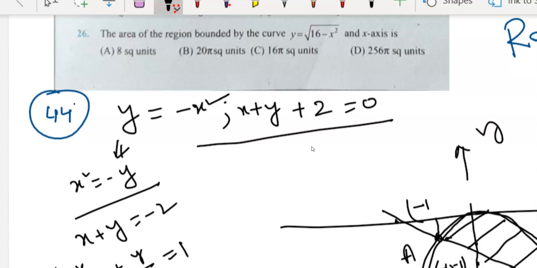And there it will be minus 1 to 3 of y dx, that is 1 plus mod x plus 1 dx. Just simplify it at home, check the answer, and if you don't get it, you must report.